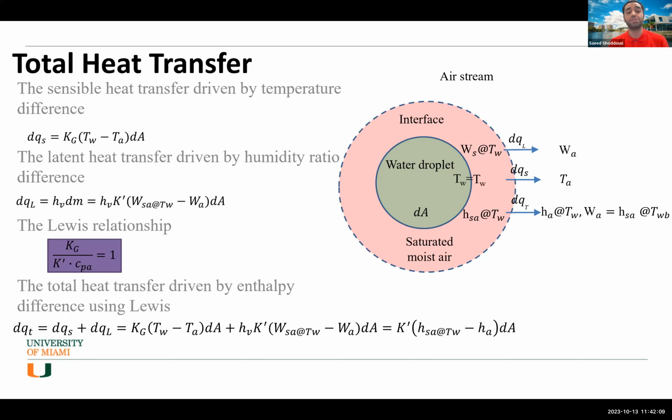Sensible heat transfer is driven by the temperature, and latent heat transfer is driven by the humidity ratio and also the Lewis factor, which combines the heat and mass transfer together. Based on these 3 equations, we can have the total heat transfer driven by the enthalpy of our water droplet, as you can see in the last equation.